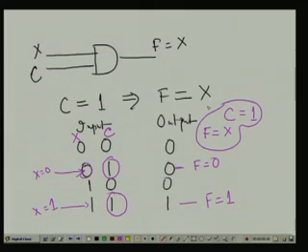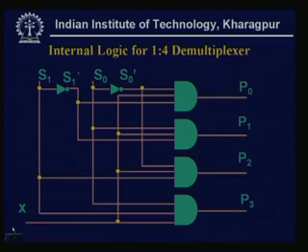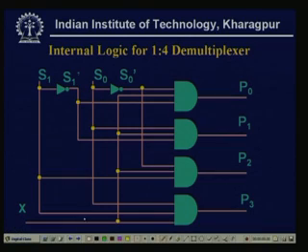See, here in my demultiplexer, actually I want that thing. Whatever value I want to give here as x, I want that x to be passed as P3 or P2 or P1 or P0. Instead of the c and x gated AND example I gave, here there are 2 inputs, but together they should be 1.